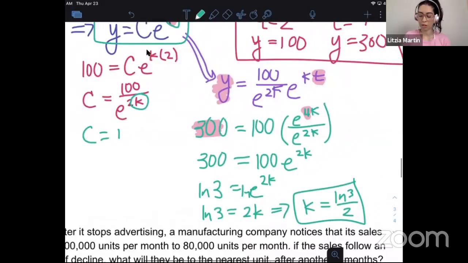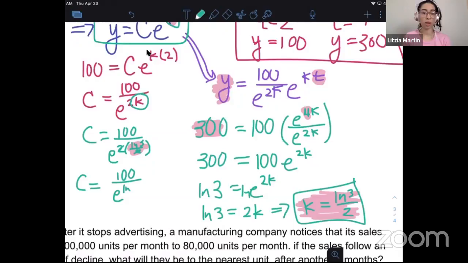So we have 100 divided by e to the 2 times ln of 3 over 2. So I'm plugging in the k that we just solved for here. And the 2's will cancel, leaving me with 100 divided by e to the ln of 3, and e and ln cancel.